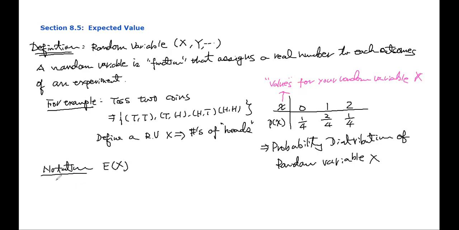That means what do I expect? Before I write down the formulas, I want to give you one very simple example, then you'll know why I defined it this way. I think it will make sense and you will understand why we do that.